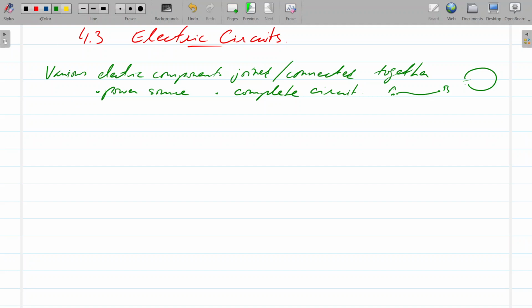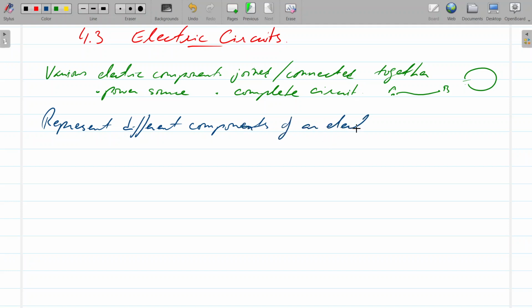And so to represent different components of an electric circuit, right, there are certain standardized representations of those called circuit symbols.